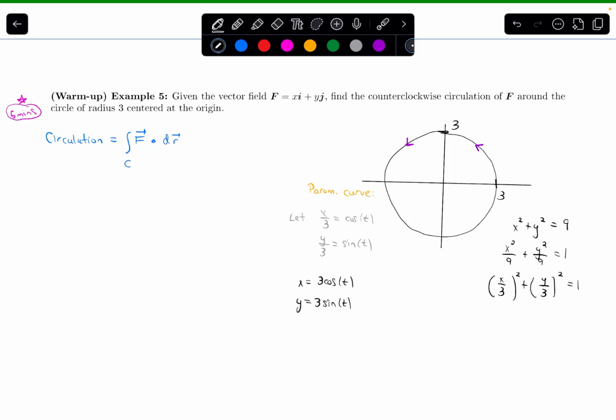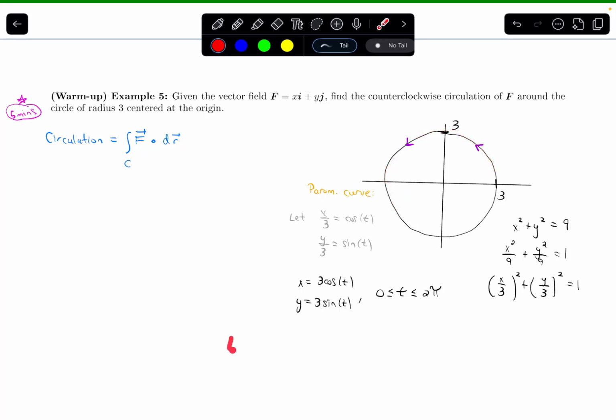Then we have to write down our domain for t, so I'll put a comma. To go all the way around the unit circle, we go from 0 to 2 pi. The one thing I want to check quickly is whether this is in the correct orientation, the correct direction. I can check that by plugging in a few test points.